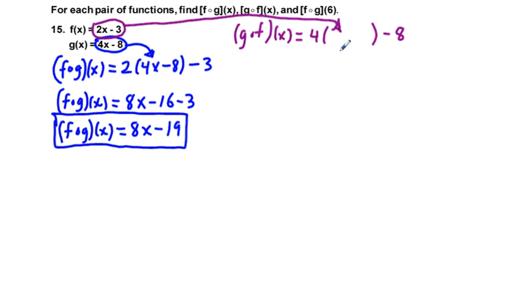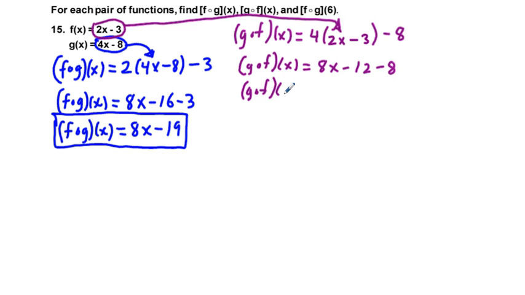And so we put in 2x minus 3, and distributing, we have g of f of x is equal to 4 times 2x is 8x, 4 times negative 3 is minus 12, and minus 8. And finally, simplifying, we have g of f of x is equal to 8x minus 20.